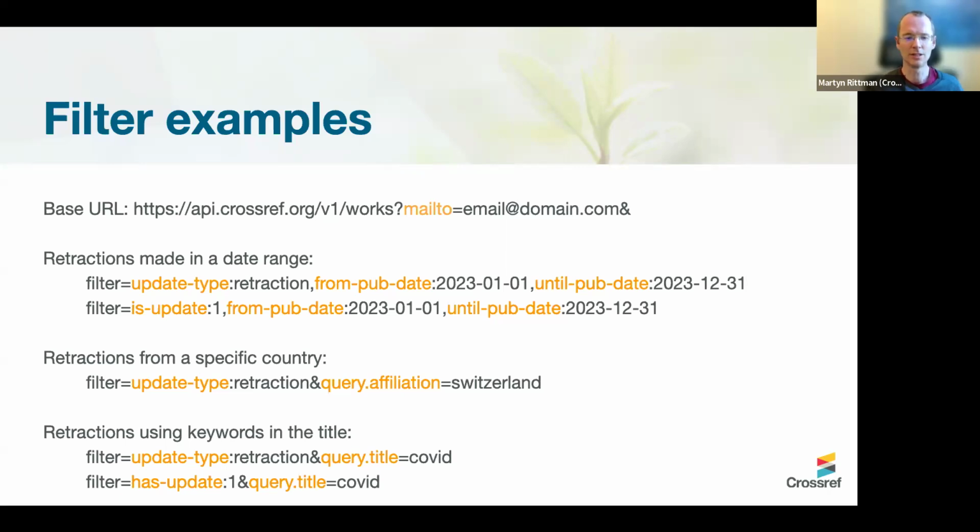So this will get you anything with an update where COVID is in the title, so it has a correction or a retraction or something. And if you specifically want retractions here, you would then have to post-process a little bit just to get the retractions. But that's something that you could hopefully script without too many issues.